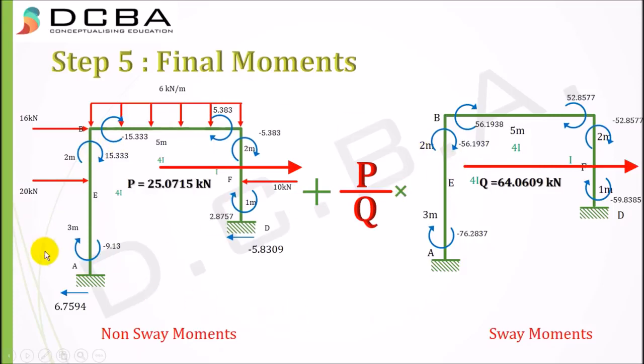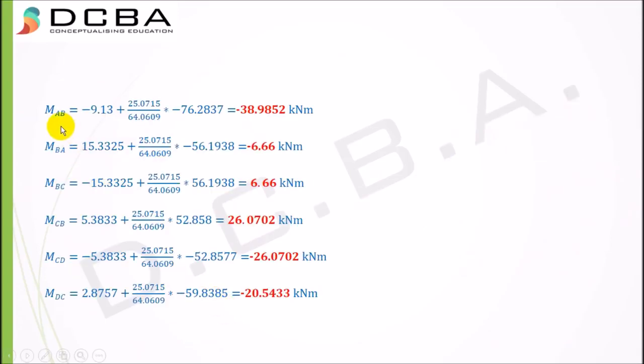And when I add this up, I'll get the actual moment that is occurring at A. So this is how we have to find the moments at every point A, B, C, D. This is the non-sway moment, this is P by Q times the sway moment, and this is the non-sway moment.